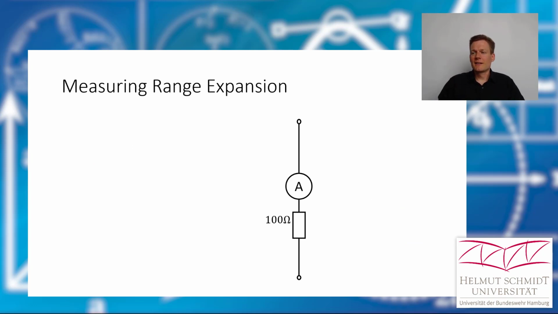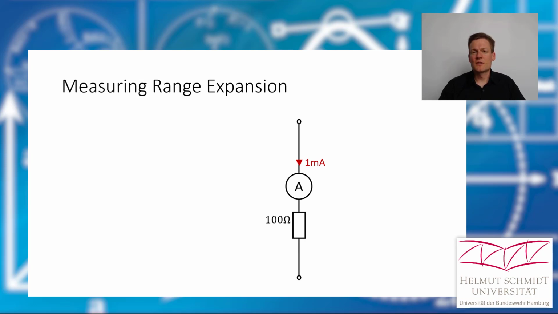Okay, and now let's say we have an ammeter and the inner resistance is 100 ohm for the measurement range 1 milliampere. And these are practical numbers. So if you want to measure 1 milliampere with this device here, it has an inner resistance of 100 ohm. So, okay, what happens here?